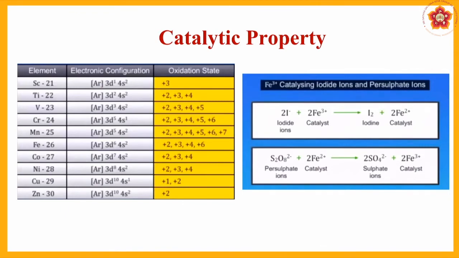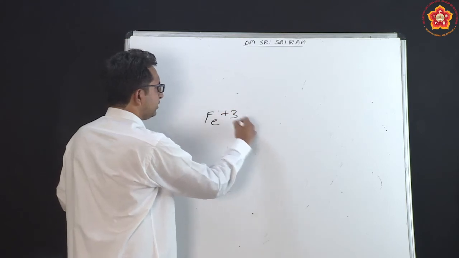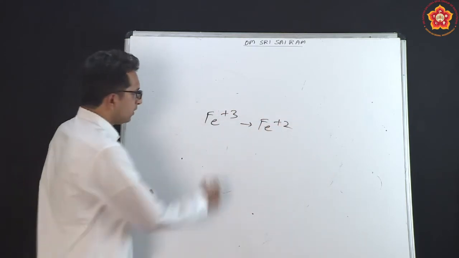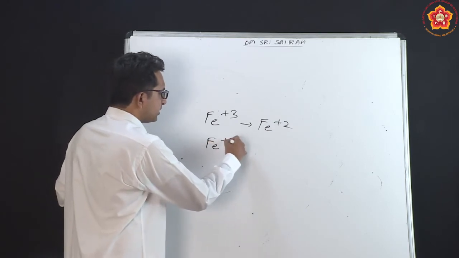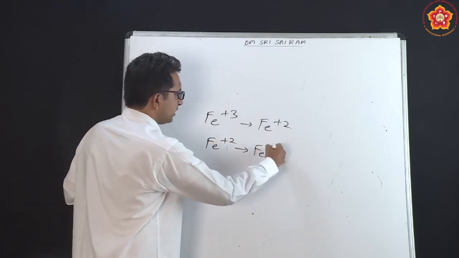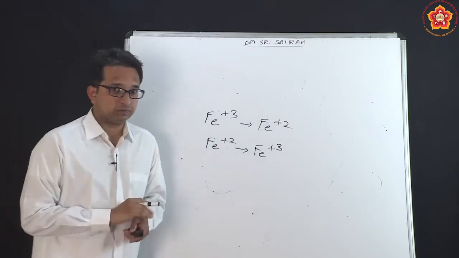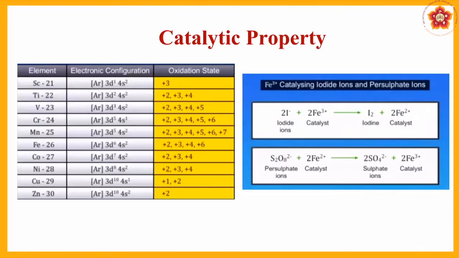Two reactions are shown. In the first reaction, we are able to see that Fe3+ is getting converted into Fe2+. Similarly, in the second reaction, Fe2+ is getting converted into Fe3+. So if you see these reactions very clearly, in both the reactions the Fe ions are termed catalysts.